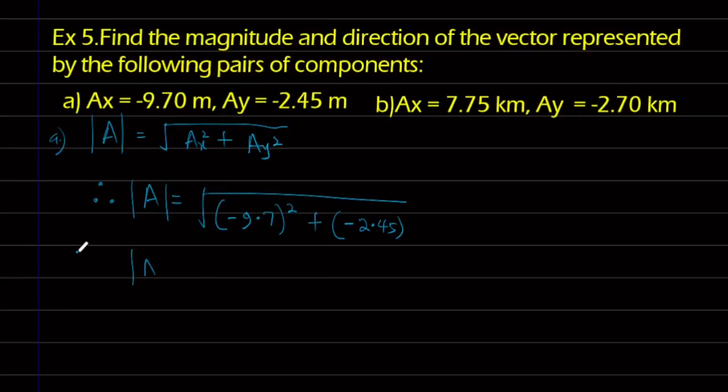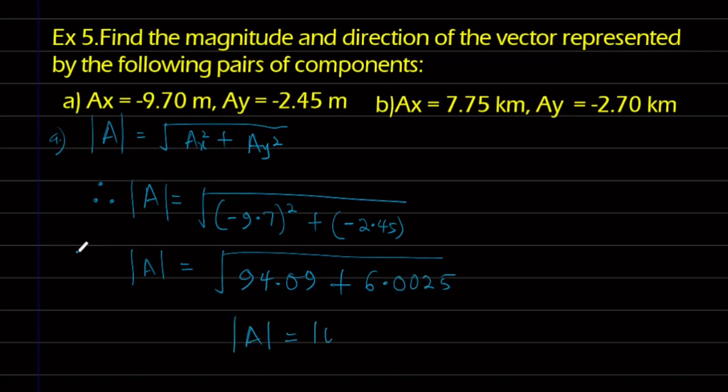The magnitude of the resultant vector is going to be: minus 9.7 squared gives us 94.09, plus 6.0025. That will give us 10.0 Newton. That is the magnitude of the resultant vector.